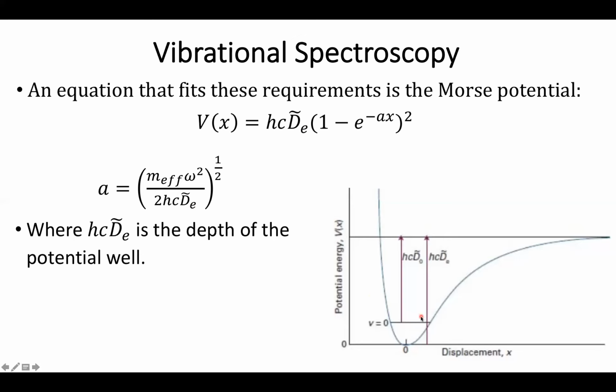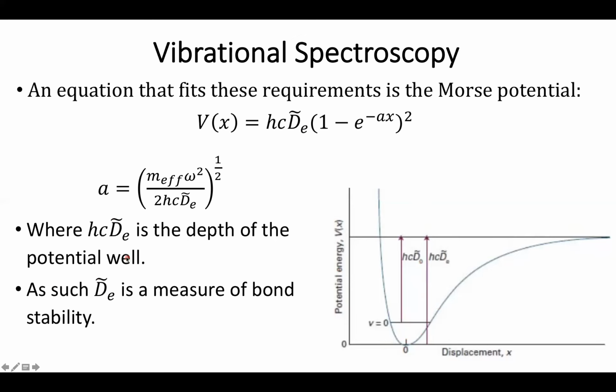What this is really giving us is how deep our energy well is, which also tells us a lot about how much energy it will take for the molecule to completely dissociate if I start at 0 in energy and go to where the potential levels off. So this has not just some equational meaning, but also some real meaning as well. And it's often a good indicator of bond stability.